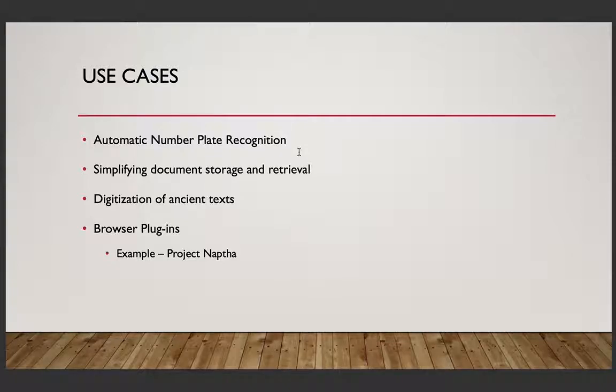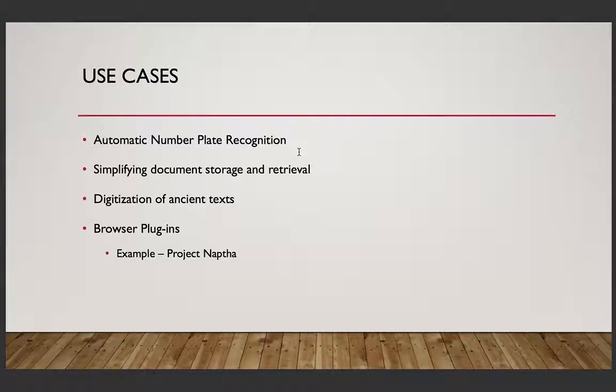So the fourth application would be browser plugins. This is a recent entry into the OCR field, and one major example would be Project Naphtha. Project Naphtha is a browser plugin which can help the user easily copy and paste text from images as if it was any other regular text field.